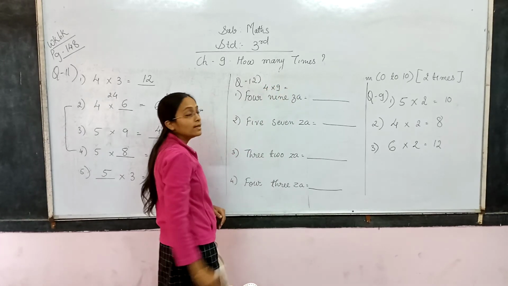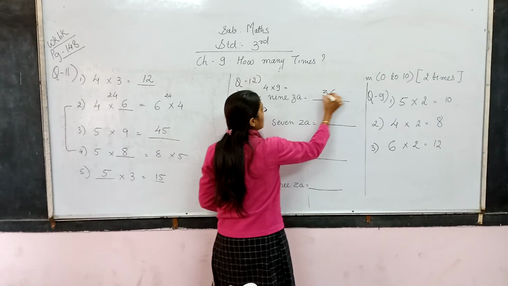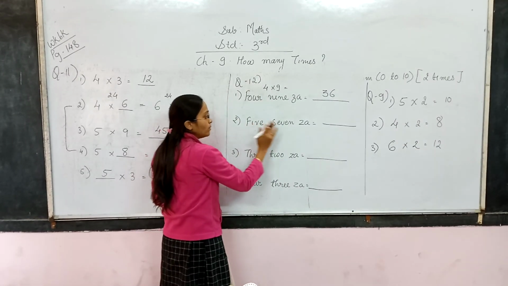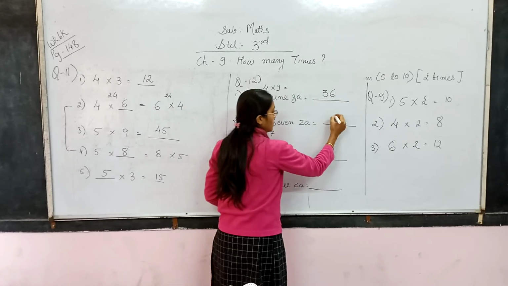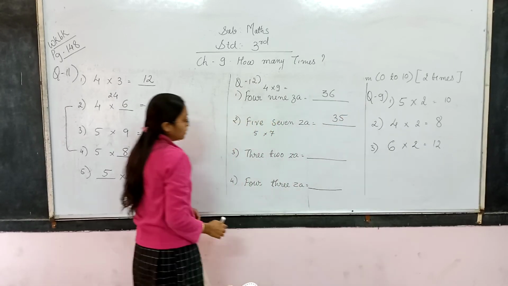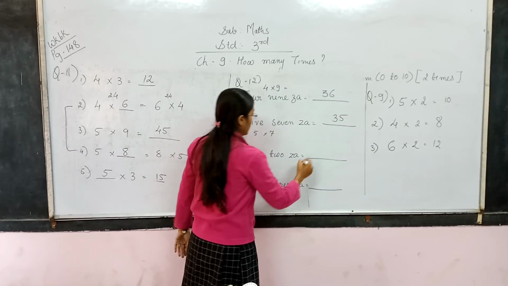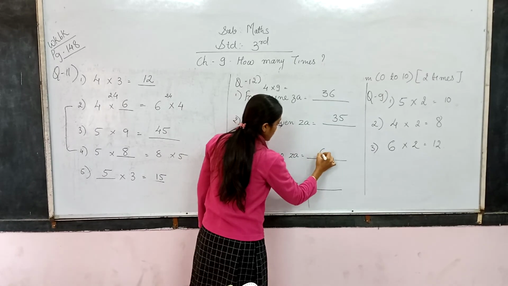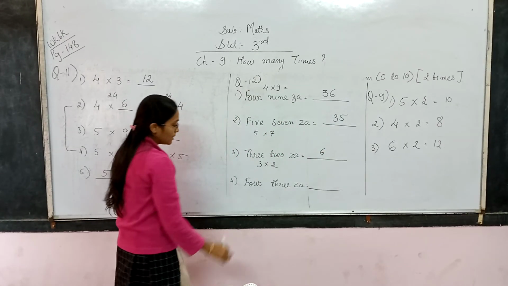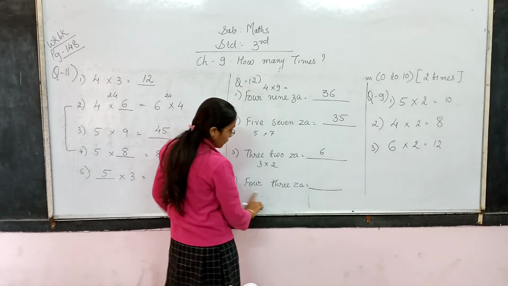So the answer is 36. Next is 5 7s are. It's 35. Next is 3 2s are, 3 multiplied by 2, 6. 3 2s are 6.